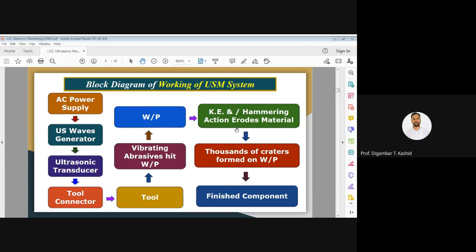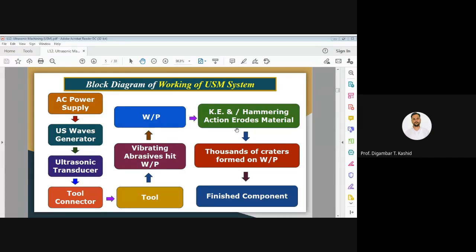Due to the continuous impact of the abrasive particles, due to the vibrations, thousands of craters will be formed on your workpiece. Craters means what? The small particles which are removed from your workpiece; the material removed from your workpiece is called small craters.